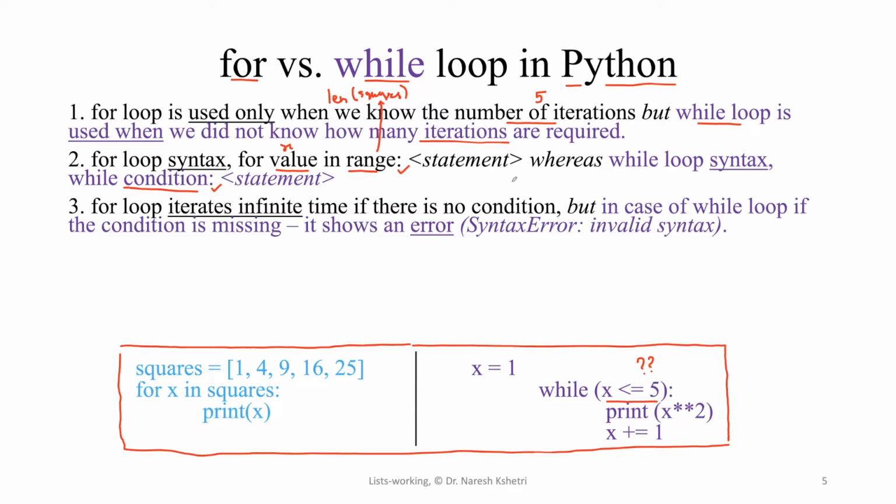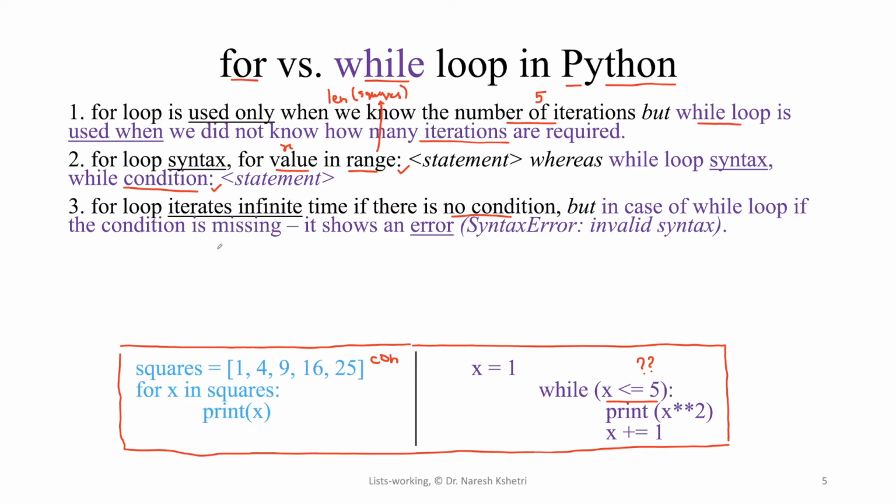The for loop iterates infinite times if there is no condition. Over here, because we have already set our squares as a list of 5 values, it iterates over those.